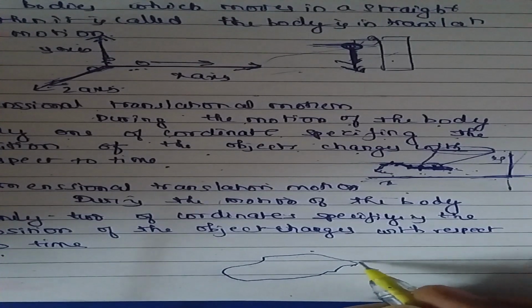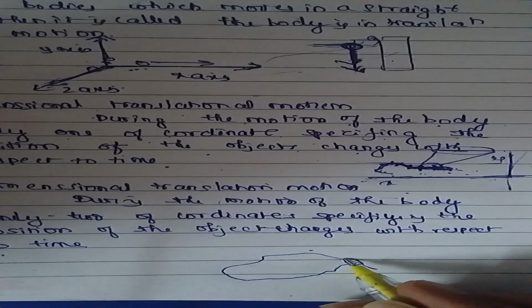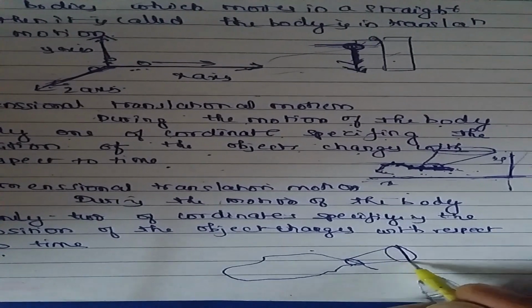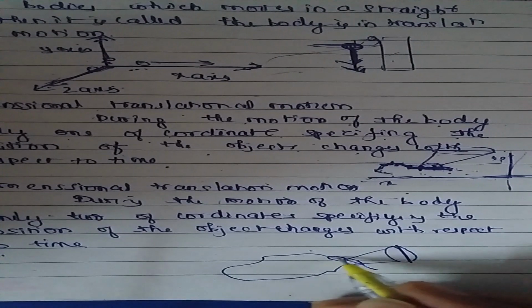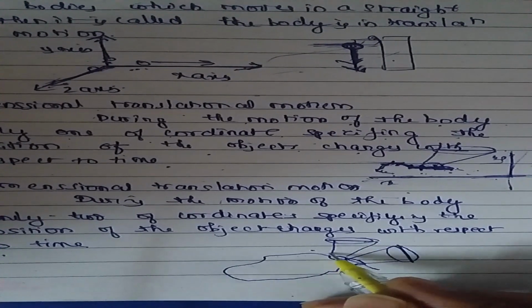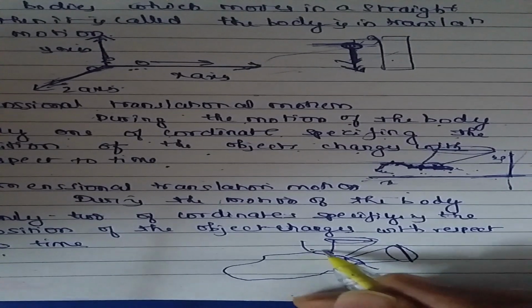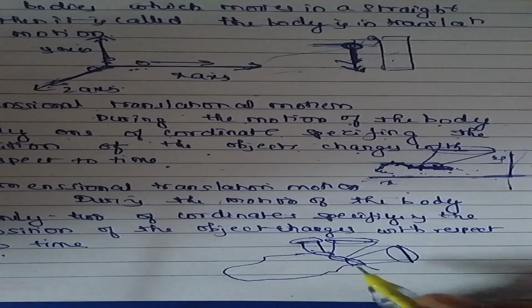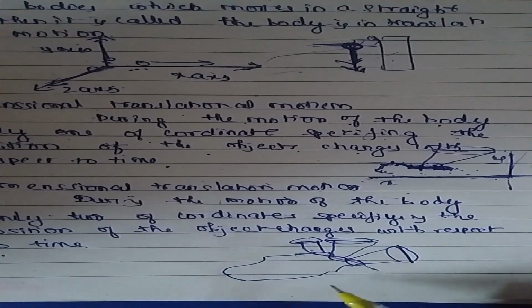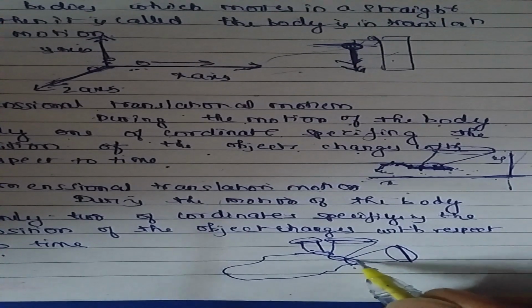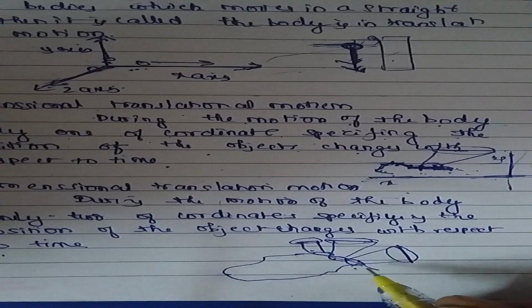Why is it so? Let's see. If we zoom in on this path of the ant, we get a straight line. Suppose we zoom in on this part, again we get a straight line. Suppose we zoom in on this, again we get a straight line. So each and every part of this appears like a straight line if you see it by microscope.